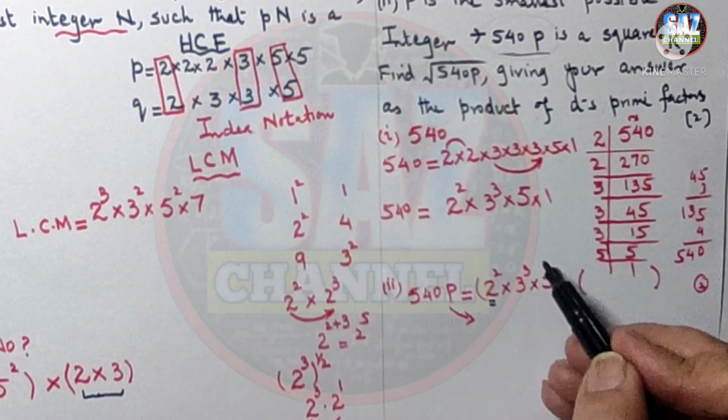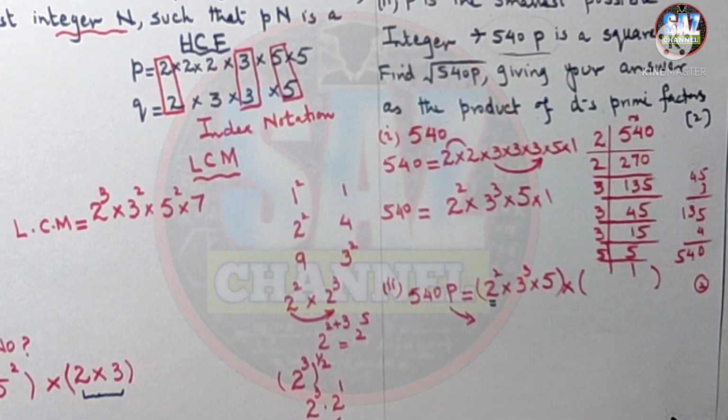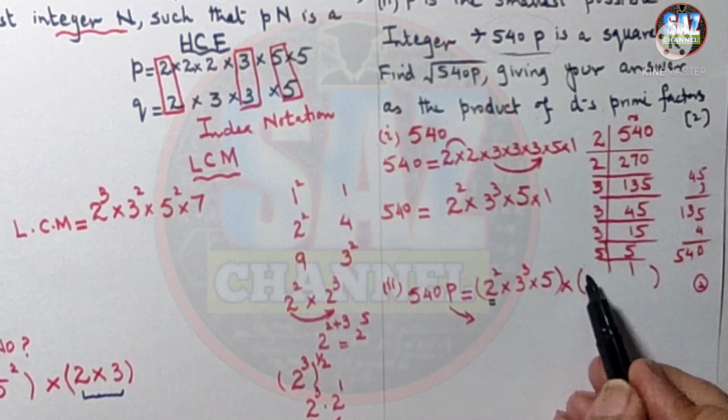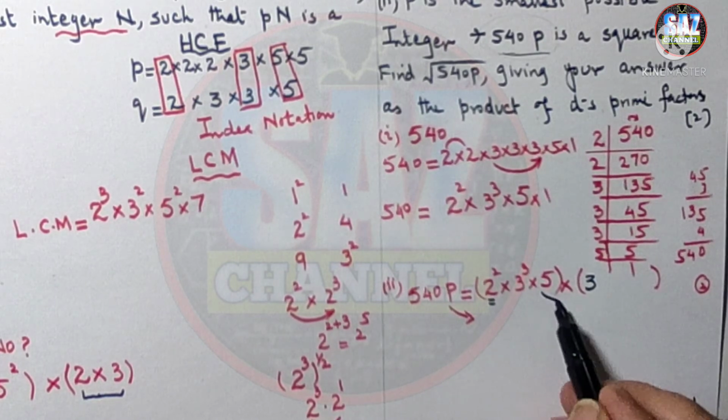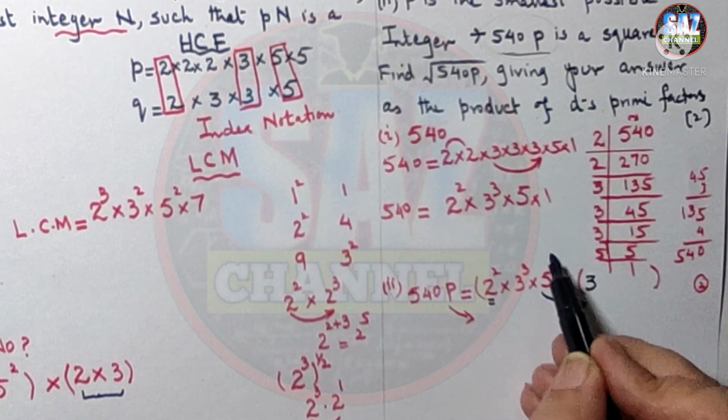If we look at 3, it has power 3, and I want to turn this power 3 into 3 raised to power 4. So what am I supposed to do here? I have to multiply this 3 by one more 3.